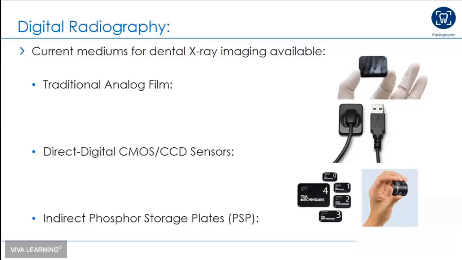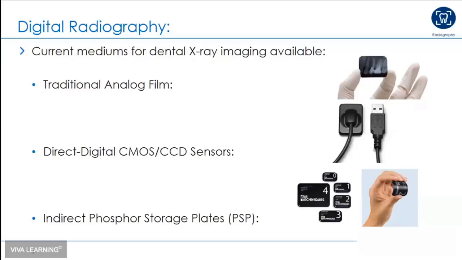So right now in digital radiography, there are basically three different things that we can deal with. As you see on your screen, traditional analog film are those little squares that everybody's used to seeing. And then underneath that, you see the rigid sensors, and those are called direct digital CMOS or CCD sensors.